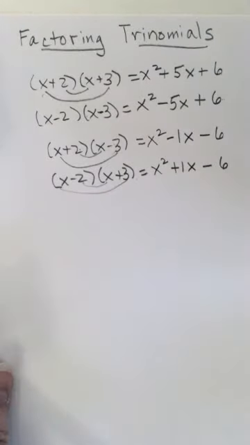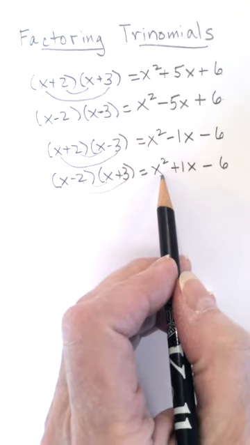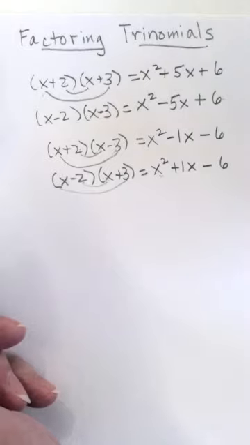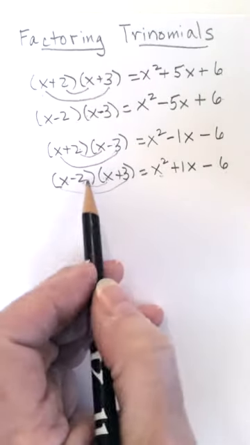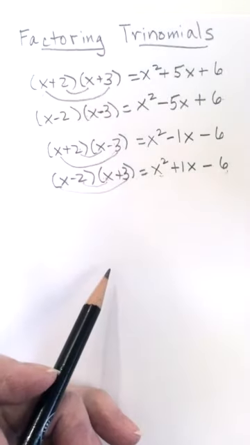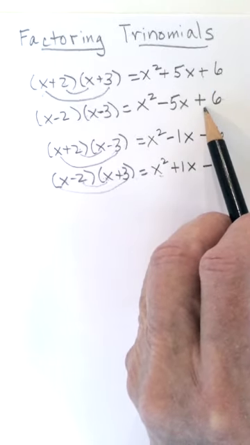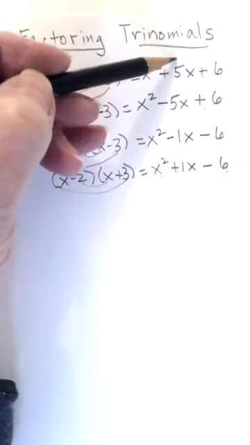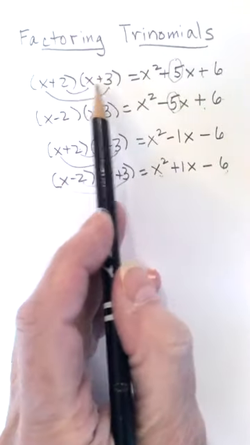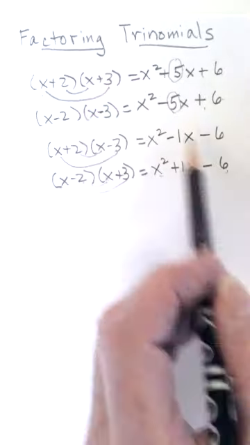So I think what we want to notice here is that my first term is the product of the first two in the parentheses. My last term is the product of the last two in the parentheses. And when the last term was positive, the absolute value of the middle term was the sum of the small inside and outside products.